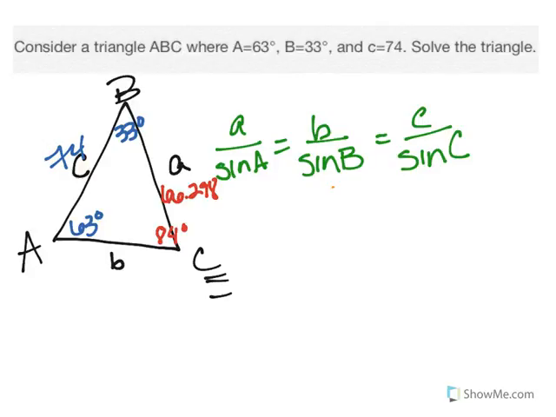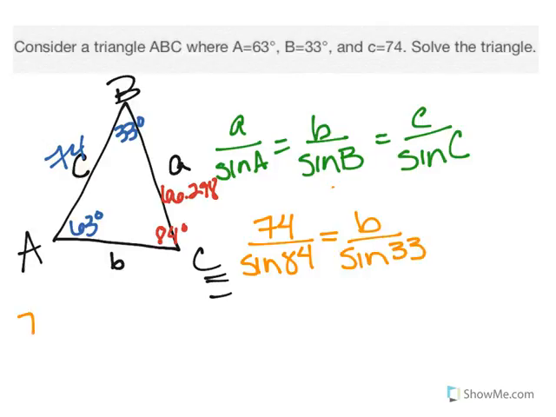So I'm going to set up that proportion with my c information again. So 74 over sine of 84 equals, and we're looking for b, that's going to be over the sine of 33. So again, solving for b, we're going to cross multiply.